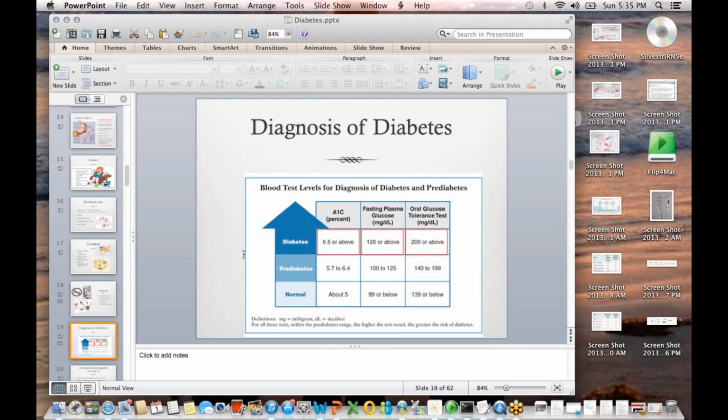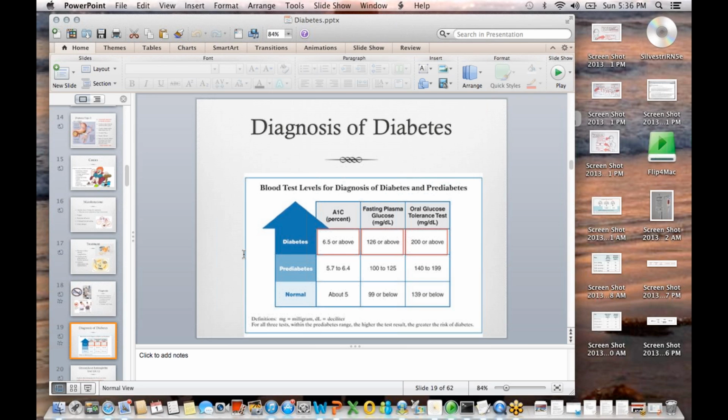So diagnosis: we have the fasting glucose, the random glucose, and the 2 hour glucose tolerance levels. Here's our A1C, plasma glucose, and your oral glucose tolerance. And these are your normal values, prediabetes and diabetes values. An A1C of greater than 6.5 is indicative of diabetes.